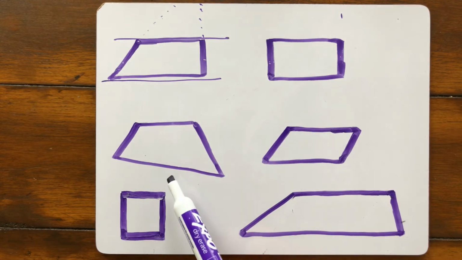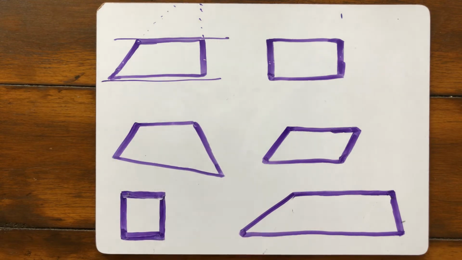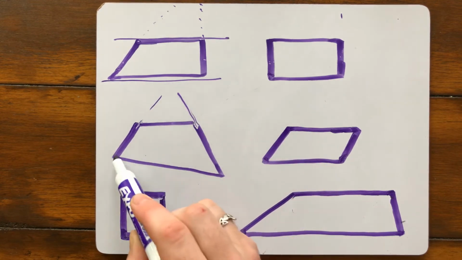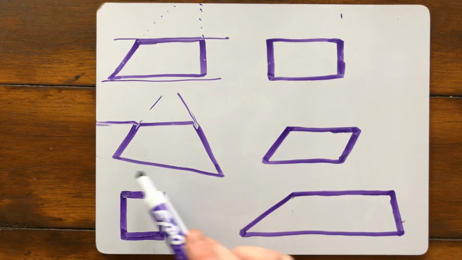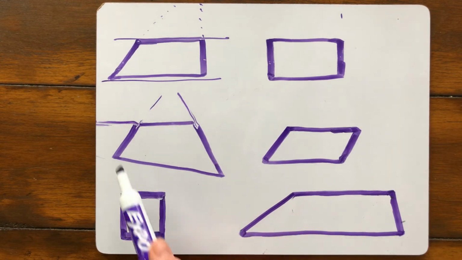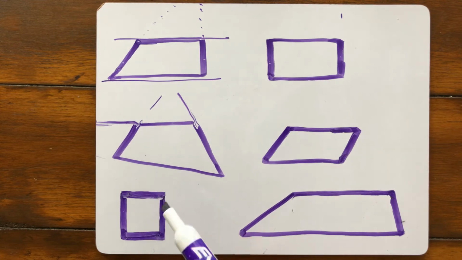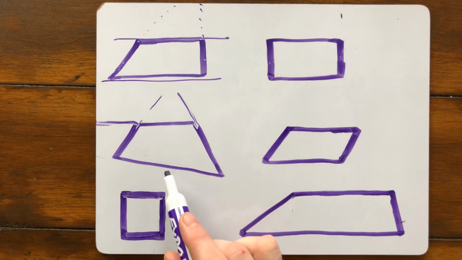Does this shape right here have any parallel sides at all? It doesn't, okay? These two sides are eventually going to touch, and so will these two sides if you extended them. So this is not a parallelogram. This is not a trapezoid. The only word that identifies this shape, it has four sides, so it's a quadrilateral.